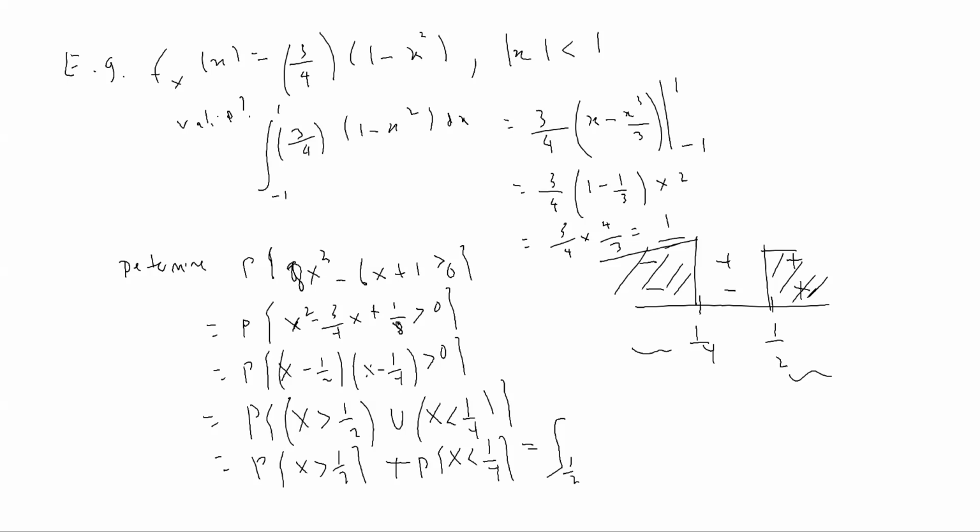Because our range of values here, if you look at it, 1 minus x squared looks something like that. Your range actually looks something like that. This is how it looks like. It's from -1 to 1. This side is 3/4. It's f_X(x) here.